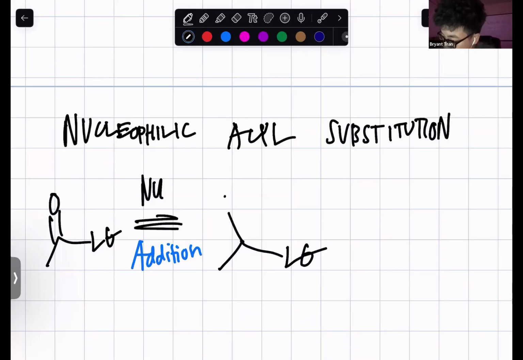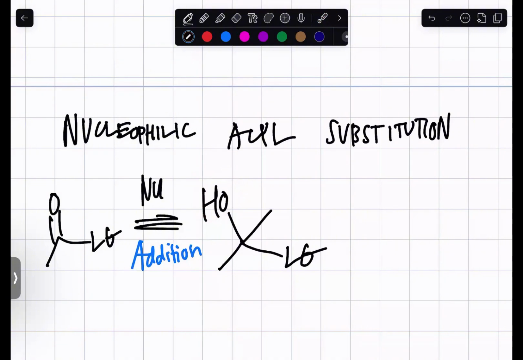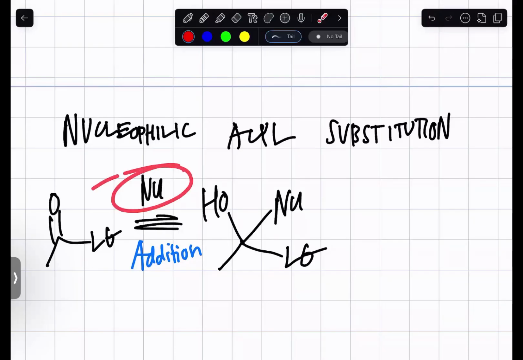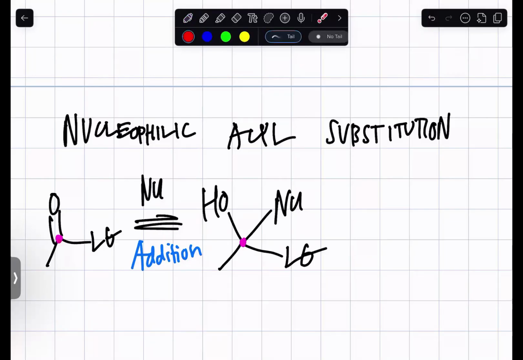But to save time, and because we're going over the general mechanism, that negative charge will get protonated to become the neutral OH, neutral alcohol, like that. Now, does this make sense so far on how we did the addition, to get this nucleophile onto this pink carbonyl carbon right there? Yeah. Right.